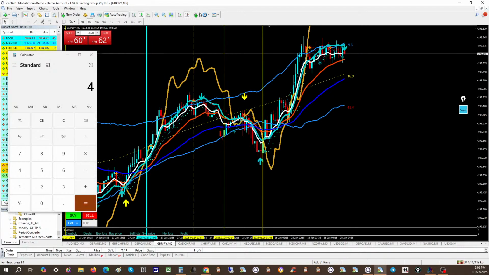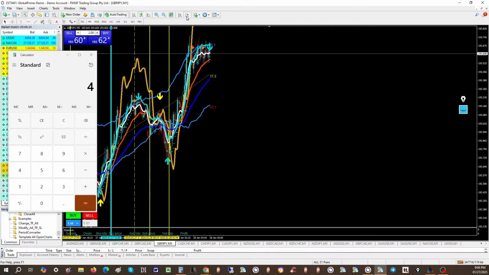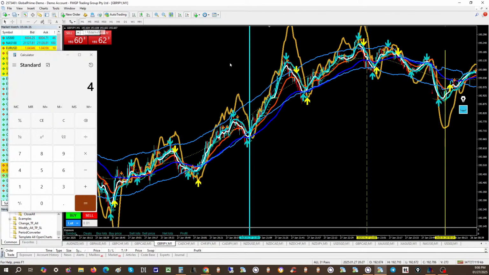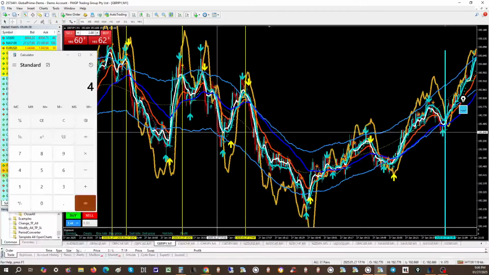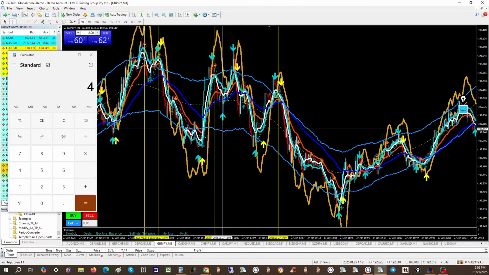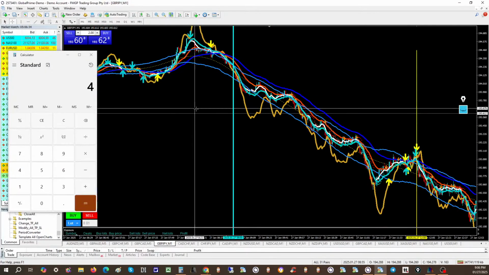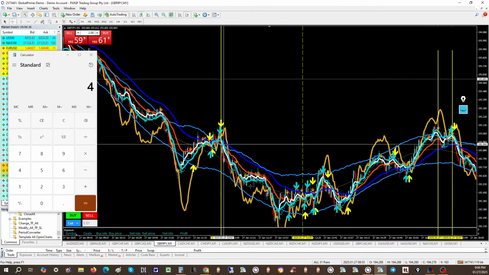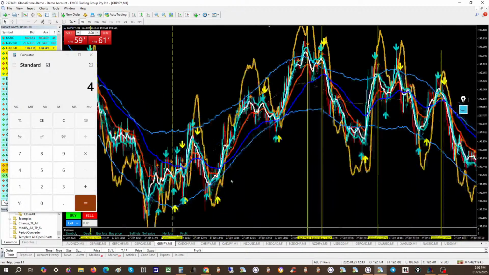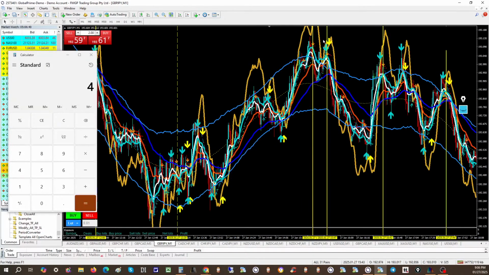The pound yen, 1 minute chart. Hang in there with me, we're almost there. Alright, this was 17. Let's see if we can find another. Okay, so it's definitely a sell. So we're going to get over here and go 1 right there. 1, 2, 3.